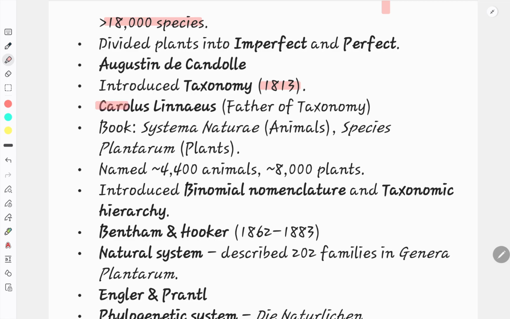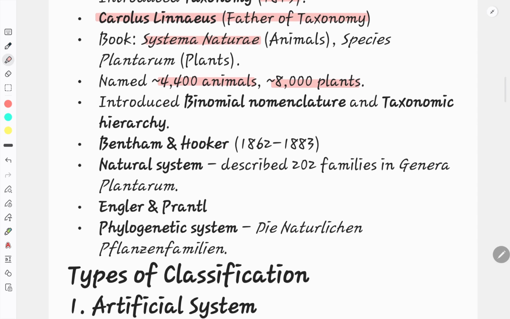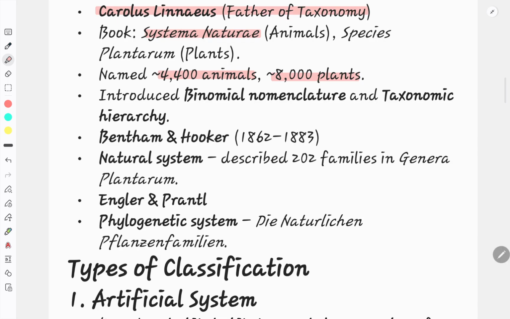Then one of the most important figures in the field of taxonomy, Linnaeus, wrote a book, Systema Naturae, in which he classified plants and animals. He named over 4,400 animals and 8,000 plants. He also introduced binomial nomenclature and the taxonomic hierarchy.